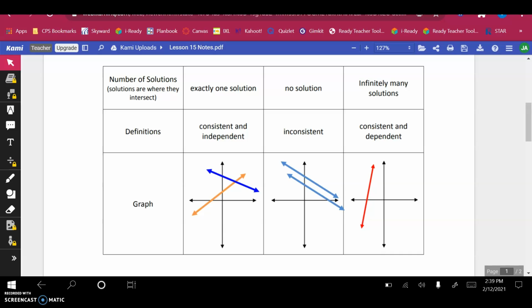In the middle, we have no solution, and that would be called an inconsistent system. Underneath is a picture of parallel lines where they never cross. And last, we have infinitely many solutions. Those are classified as consistent and dependent. You only see one line there because infinitely many solutions means that the two lines are the exact same, so there's no way to show that there's two lines there.